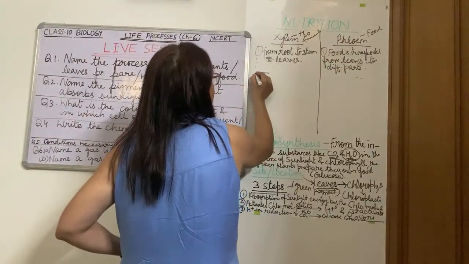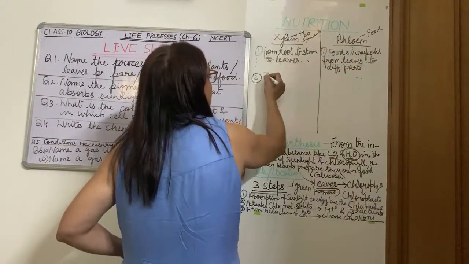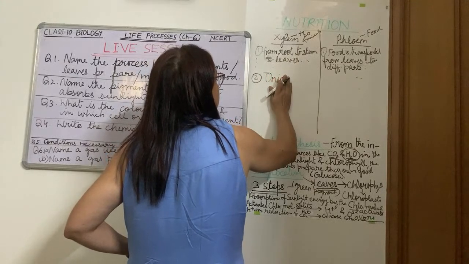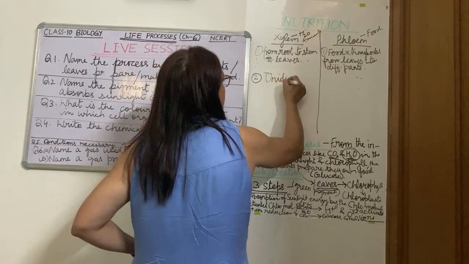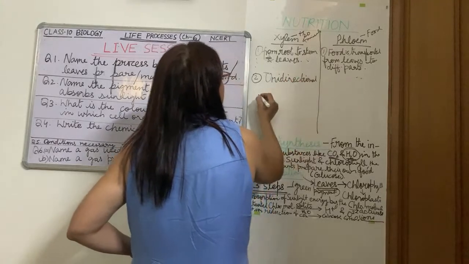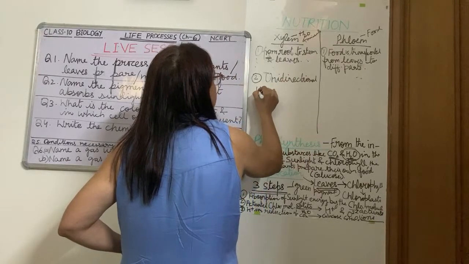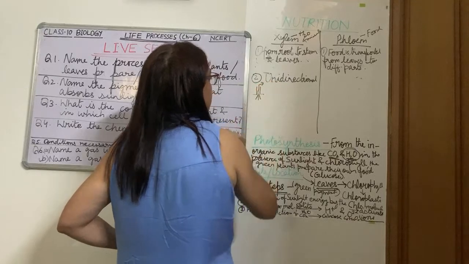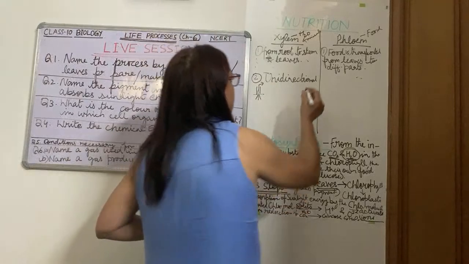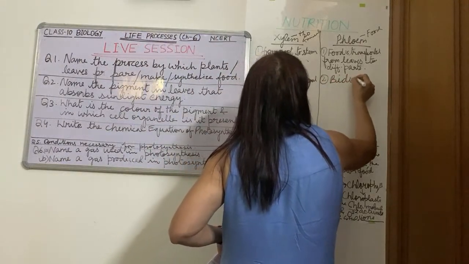Now from this you can mention that this transport is unidirectional. Unidirectional means that it is from the roots, it's going up the stem and then to the leaves. So it's one way. And whereas the food is bidirectional.